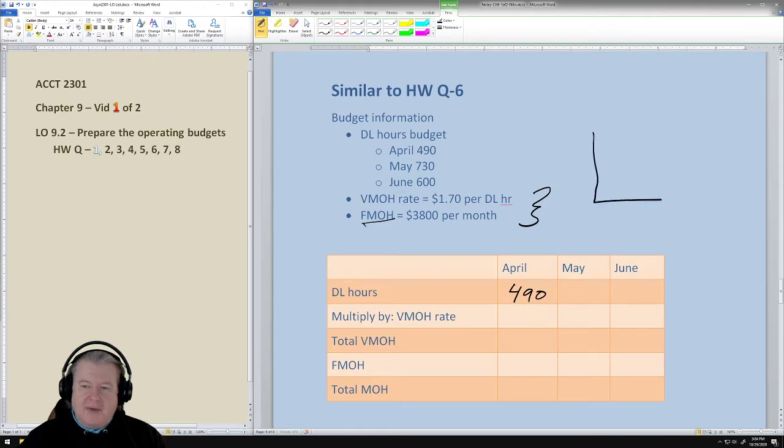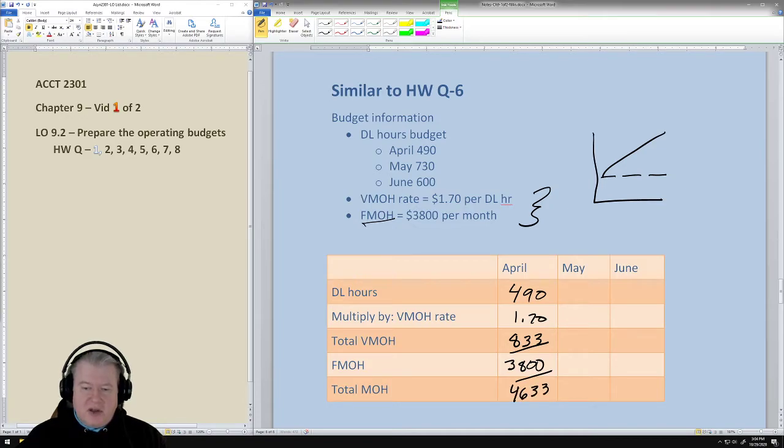Remember on our graph, this would be the fixed rate, and then there would be a variable rate, making it a mixed cost. The rate here is $1.70. So I'd multiply those two out, and this comes to $833. And then I'd add in the fixed rate. So you calculate the variable part, you add in the fixed part, and the total is 4,633.